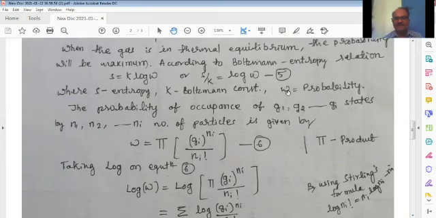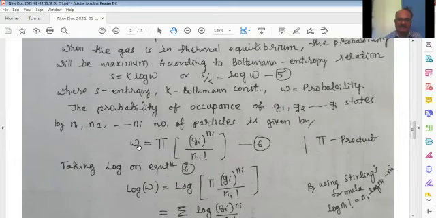Probability means probability of occupancy of the states by the particles. Next, the probability of occupancy of G1, G2, ... Gi states by n1, n2, ... ni number of particles is given by omega is equal to the product over i of Gi raised to ni divided by ni factorial.